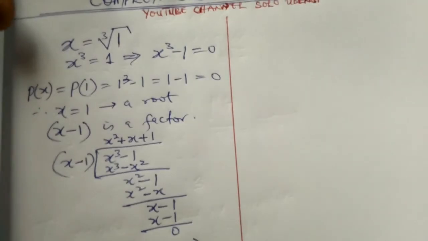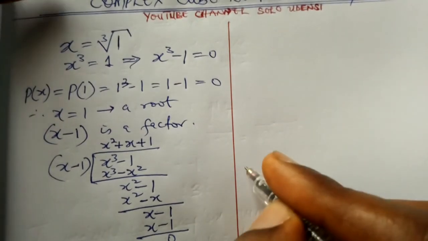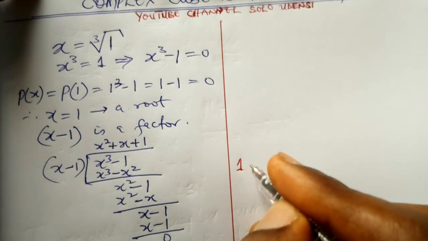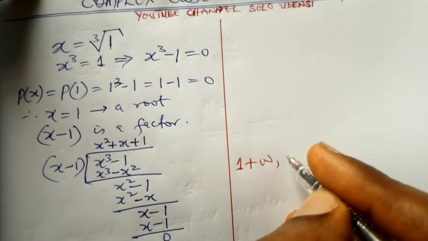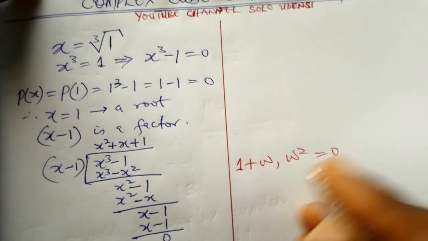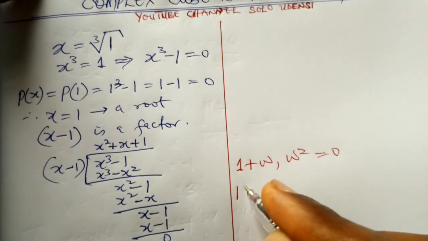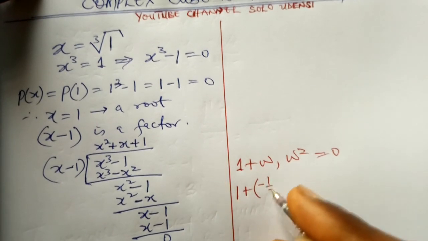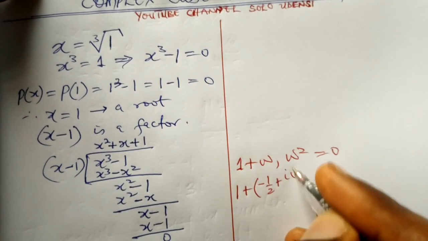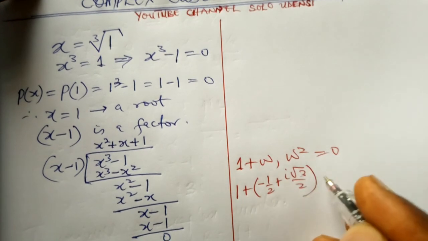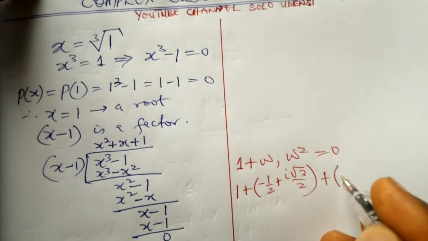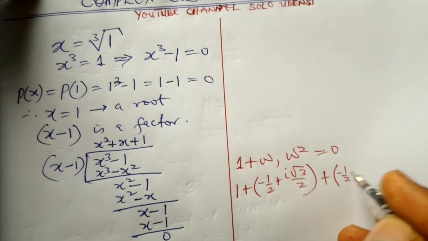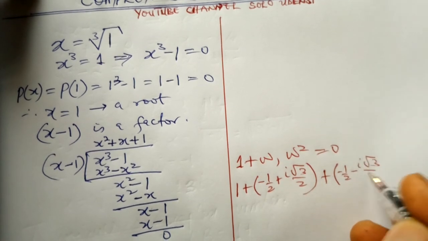Another fine property is that if we add those three roots, 1 plus w plus w squared, we get 0. 1 plus minus 1 over 2 plus I root 3 over 2 plus minus 1 over 2 minus I root 3 over 2.